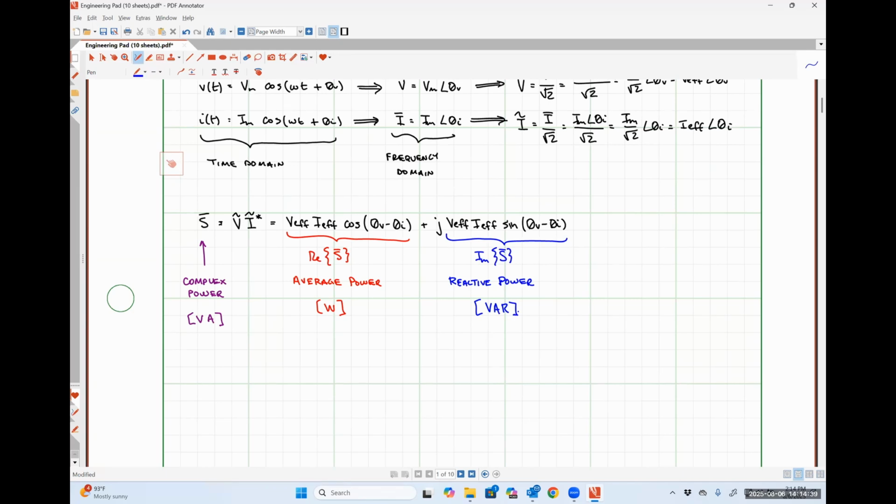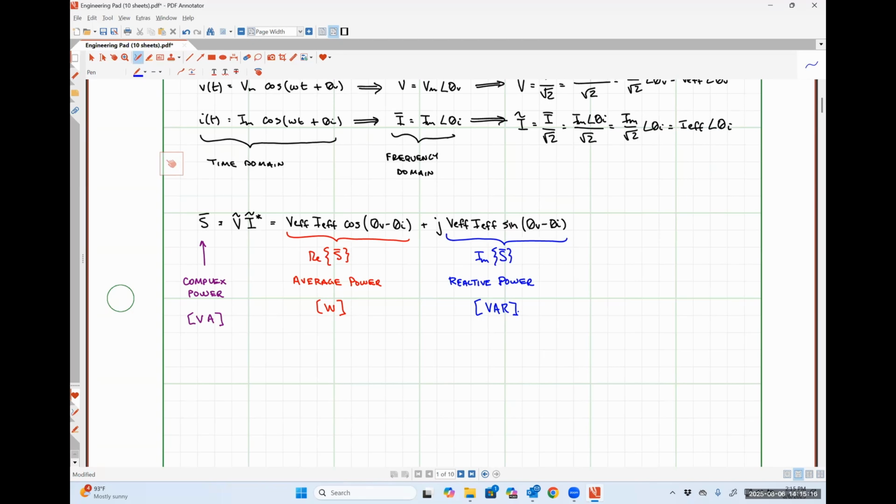Anytime we're talking about complex power, we use volt amperes. Anytime we're talking about average power, we use watts. And anytime we're talking about reactive power, we use VARs. Reactive power essentially represents temporary energy storage in our system, so it is associated with the presence of capacitors and inductors.